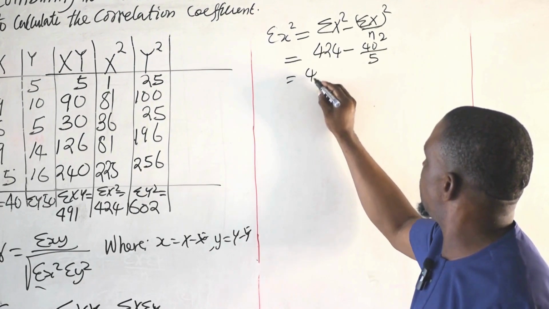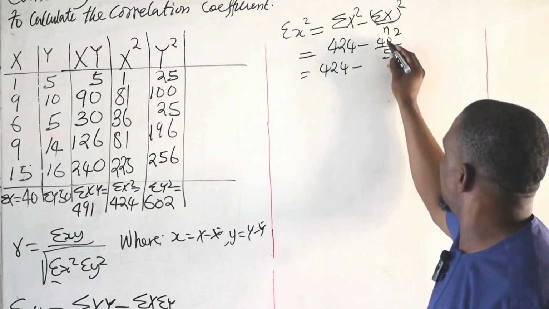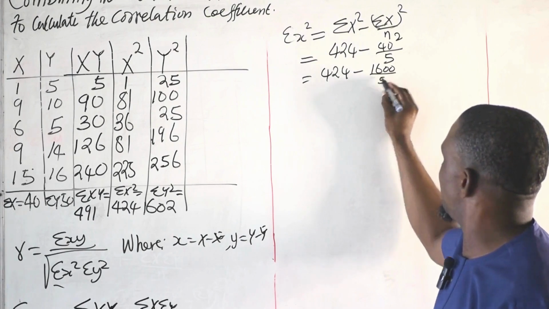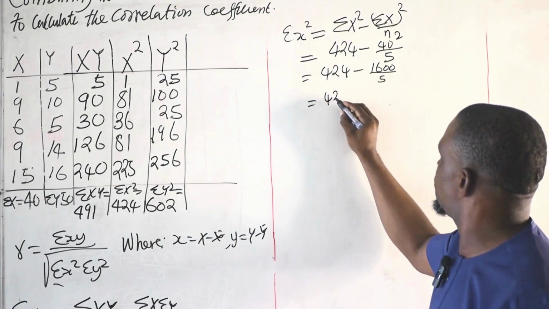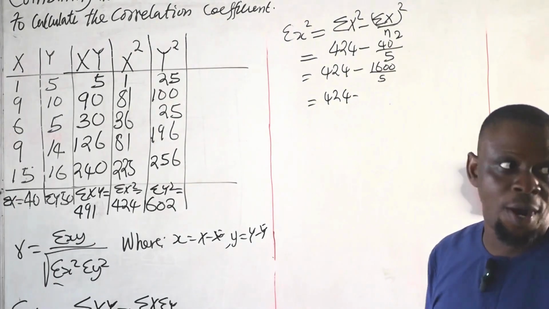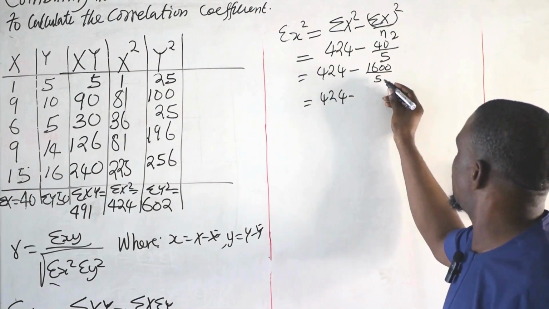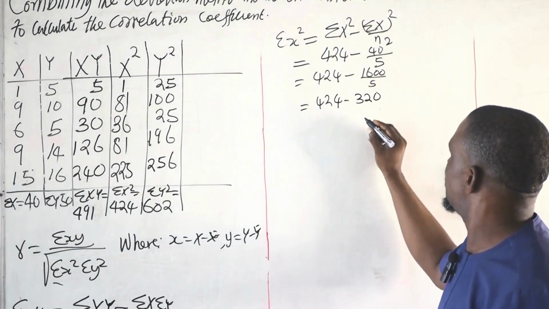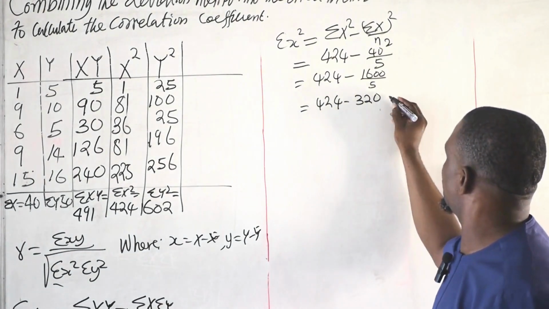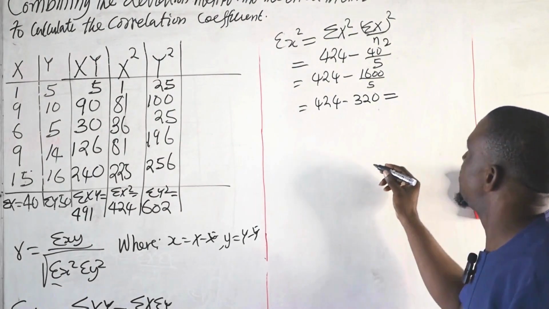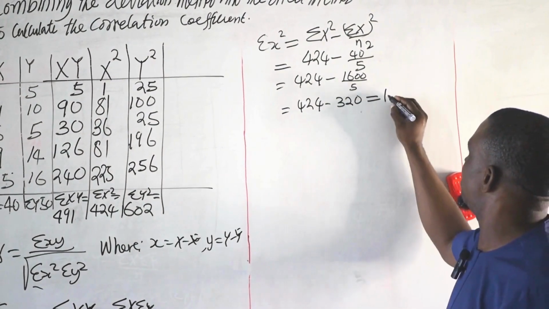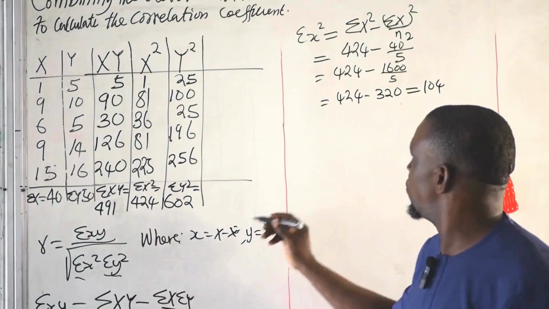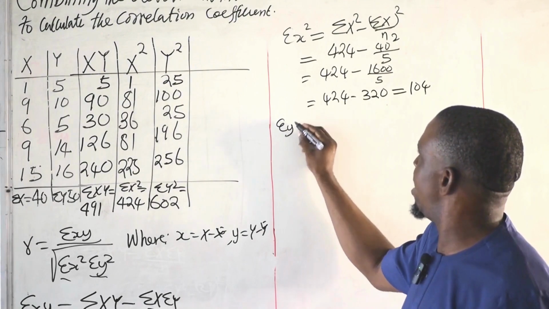So we'll be having 424 minus 40 square is 1600 all over 5. So 424 minus 1600 over 5 will be 320. So 424 minus 320 is equal to what? Will be 104.